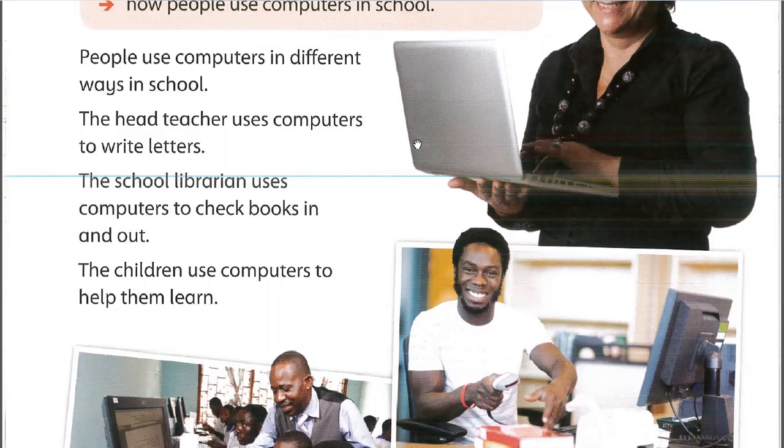computers in the school. Number two, the school librarian uses a computer to check books in and out. This is a librarian. What is a librarian? One who takes care of the books in the library.